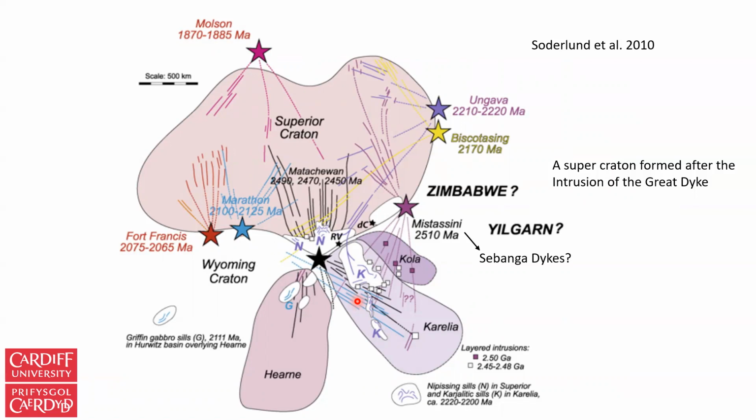What happened after the intrusion of the Great Dyke was that apparently, not very long after, a number of Archean cratons assembled together. This is one version of that construction, and that's largely based on the correlation of dyke swarms in these different cratons.